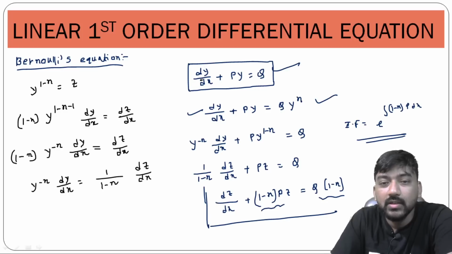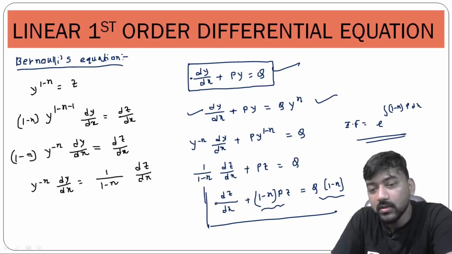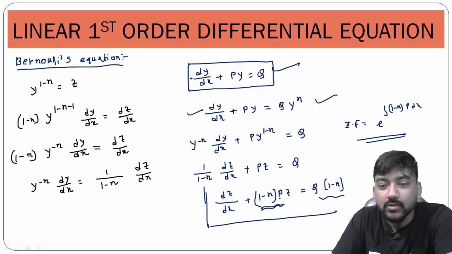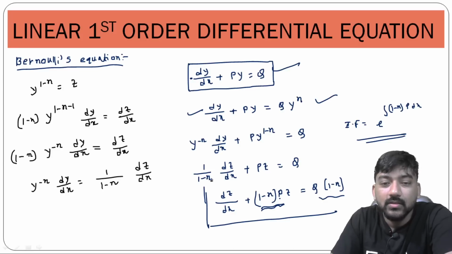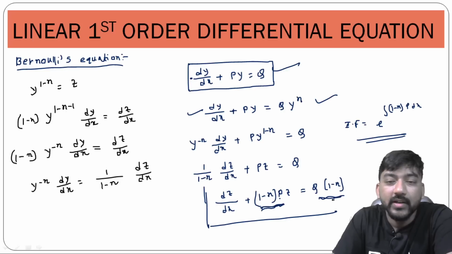You always have to rearrange the equation such that there is no coefficient of dz by dx, and obviously this should be a function of x. Here n is just a number, so it will not affect the functionality of x. You can just multiply by 1 minus n, so that will be a coefficient of z, and that will be on the right hand side.